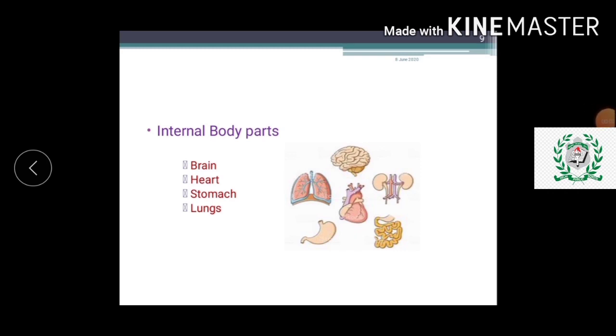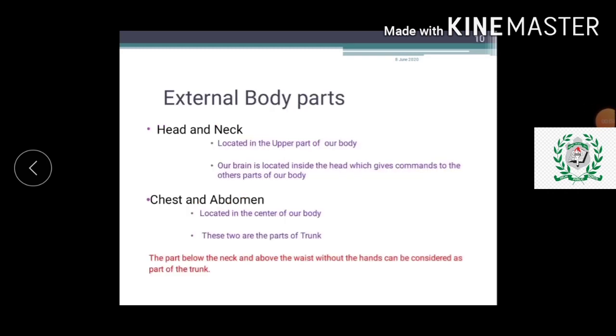Now kids, let us discuss this concept in detail, external and internal body parts. In external body parts you have head, neck, chest, abdomen, and others. The head is located in the upper part of the body. Inside your head you have an internal organ. Did you guess that, kids?